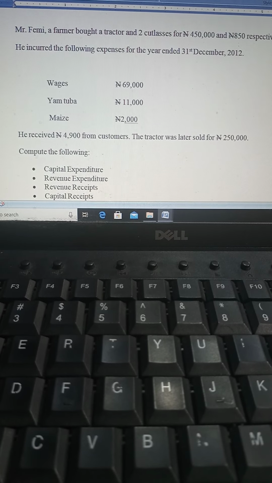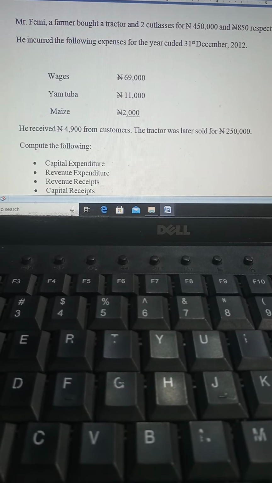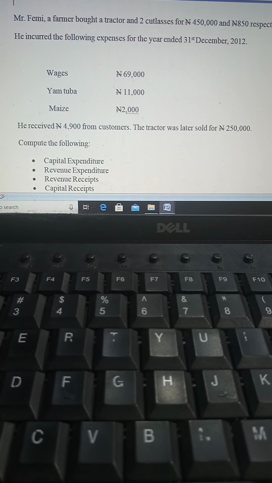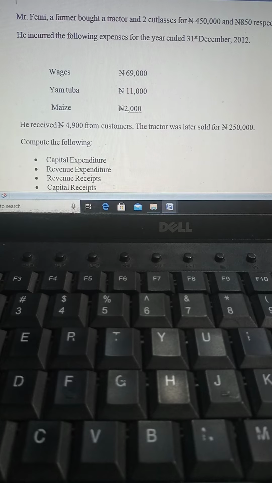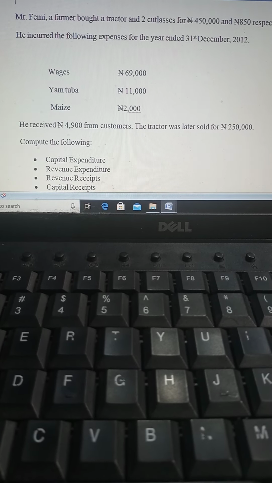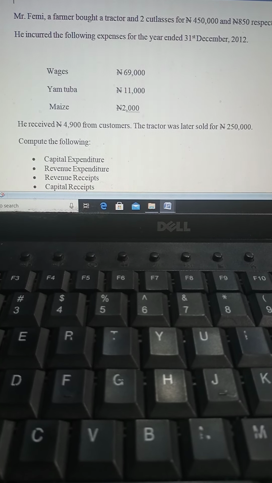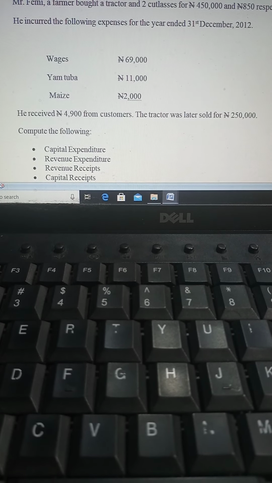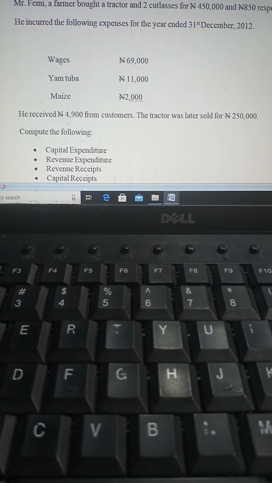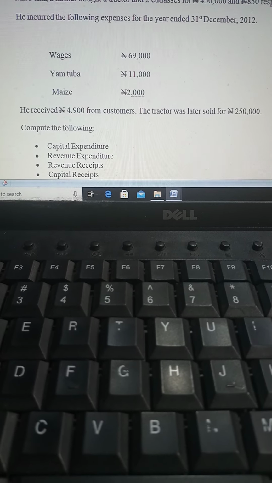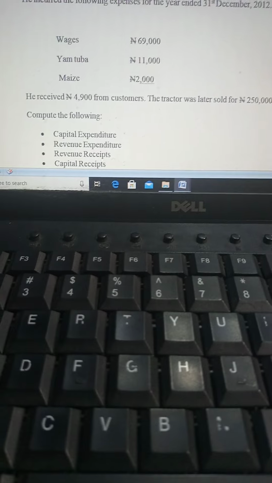Wages 69,000 naira, yam tuber 11,000 naira, maize 2,000 naira. He received 4,900 naira from customers. The tractor was later sold for 250,000 naira. Compute the following. First one, capital expenditure, revenue expenditure, revenue receipts, capital receipt.